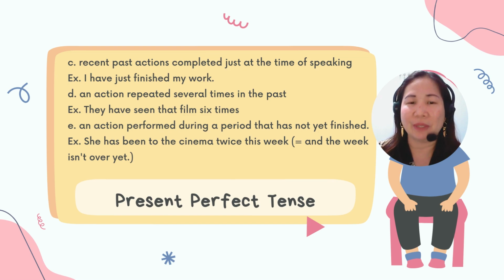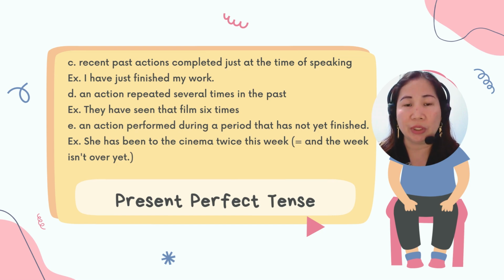So remember, for the present perfect tense, our verb should agree with our subject. It's either has or have, and then of course our past participle, usually with ed or it just ends with n.